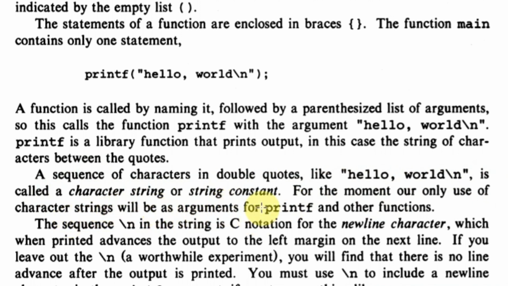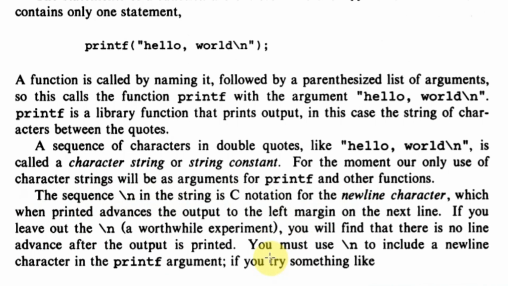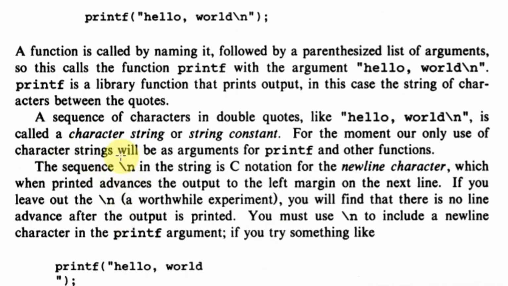So I'm sure you're probably familiar with string variables, but this is a string constant because it's not being stored in a variable, it's just a fixed string of characters. And it says, for the moment, our only use of character strings will be as arguments for printf and other functions. Okay. The sequence \n in the string is C notation for the new line character, which when printed advances the output to the left margin of the next line.